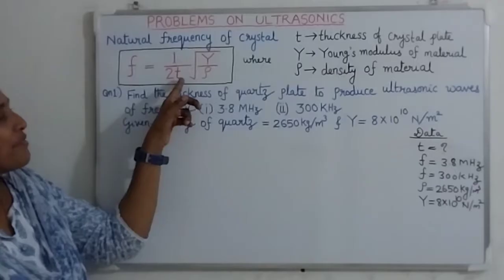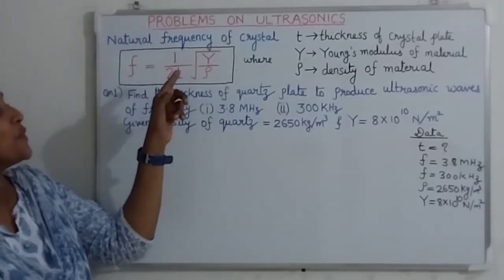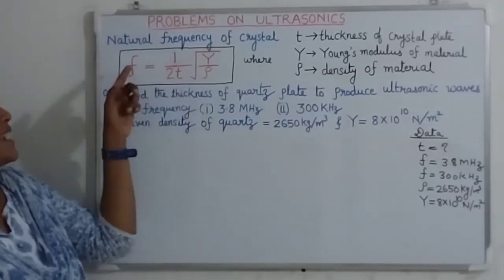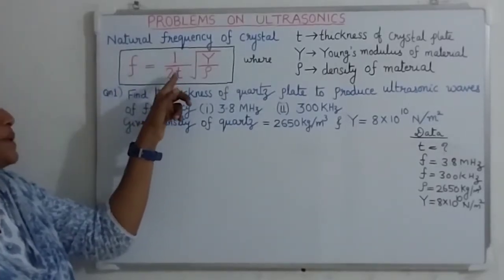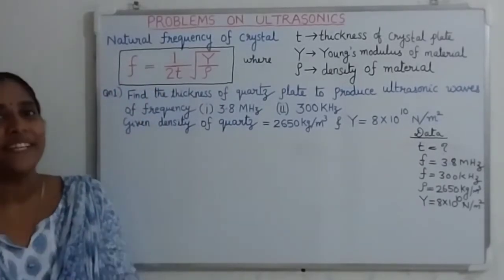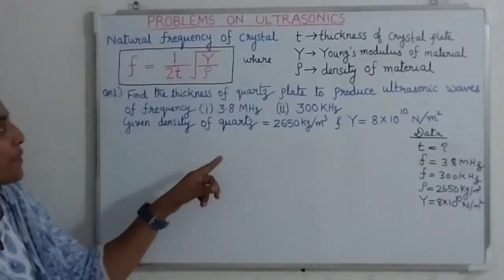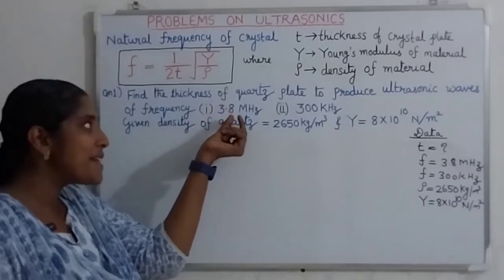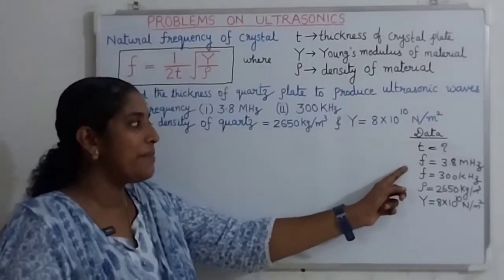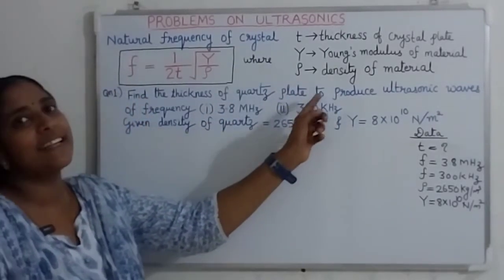The varying factor here is thickness. So we can produce ultrasonic waves of desired frequency by suitably selecting the thickness of the crystal. In this question, we have to find the thickness of the quartz plate required to produce ultrasonic waves of frequency 3.8 megahertz and 300 kilohertz.